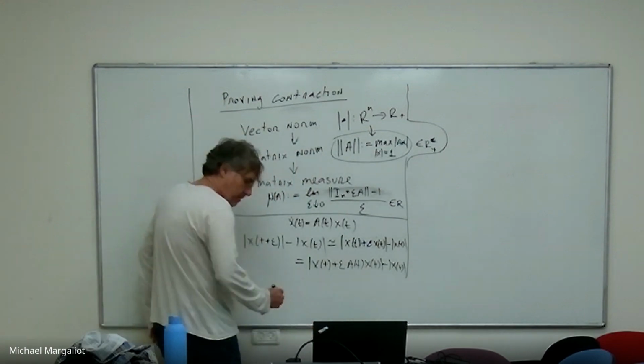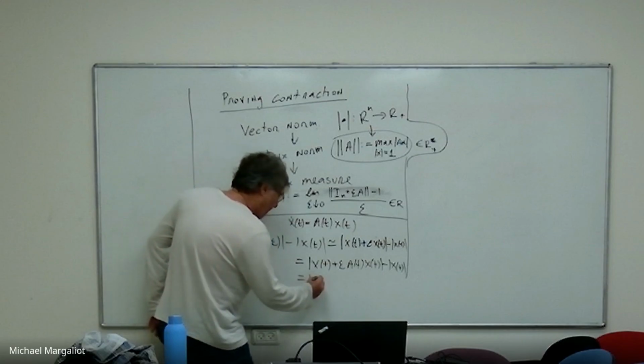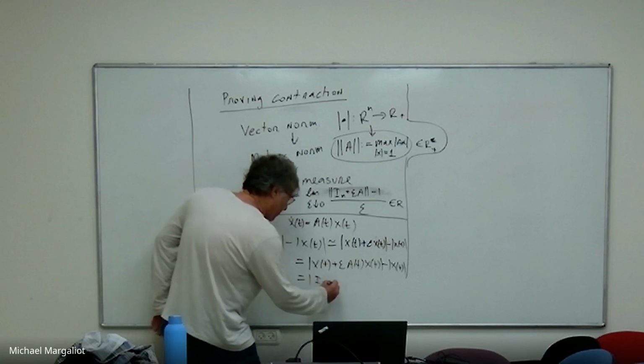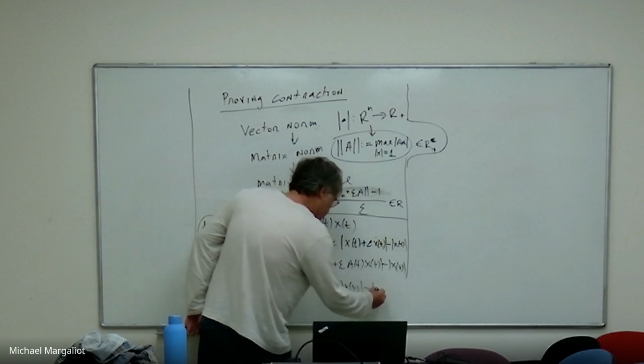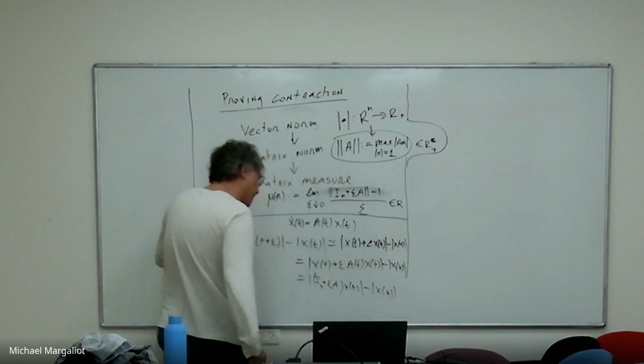And this gives me I plus epsilon A multiplied by x(t) minus x(t), right?